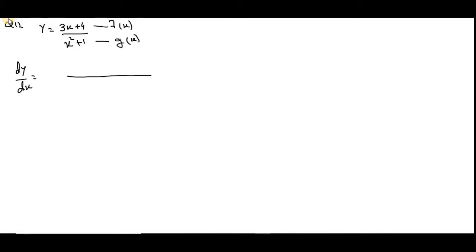And what is the division rule? dy by dx is equal to the square of the second function as denominator, then we take the derivative of the first function, minus sign and f of x d by dx of the second function.